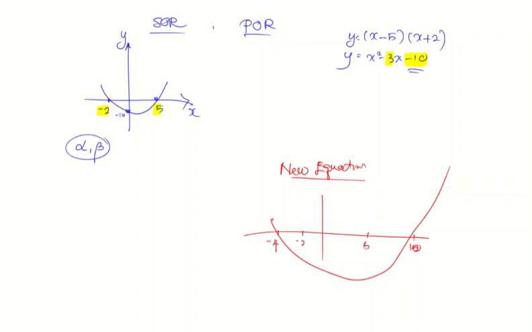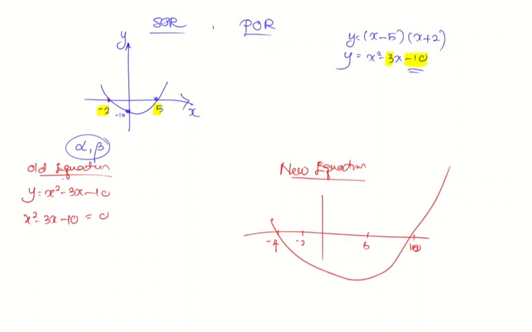Okay, fatter. So let's see, the original equation y equals x squared minus 3x minus 10, and then x squared minus 3x minus 10 equals to 0.